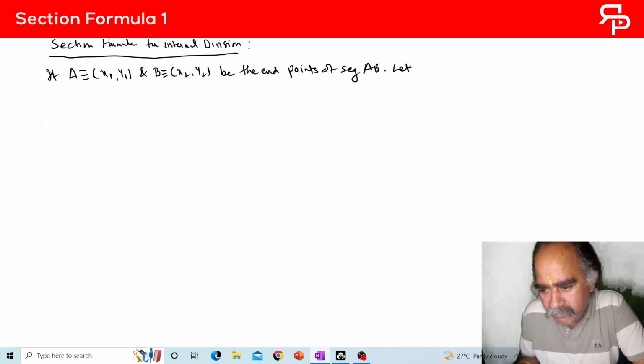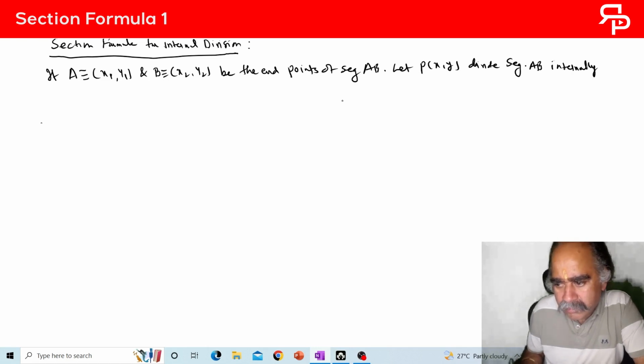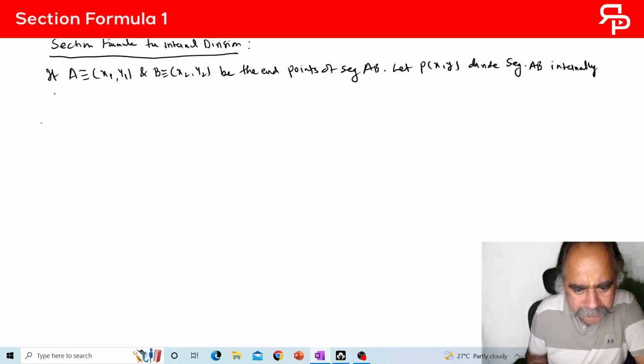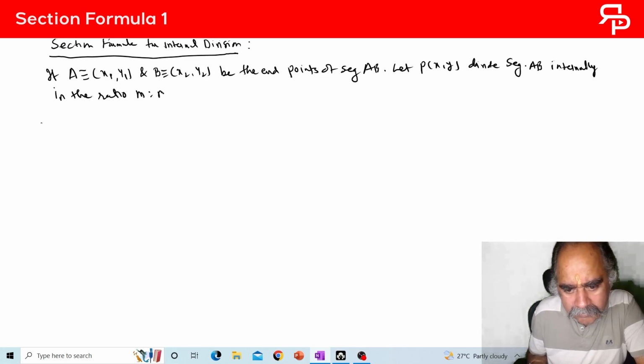Let P x comma y divide segment AB internally in the ratio m is to n.